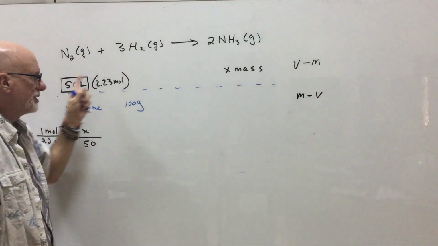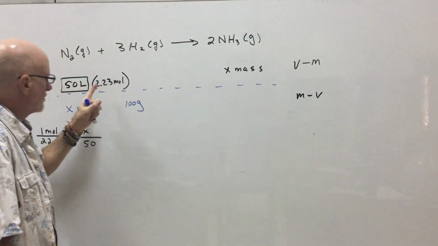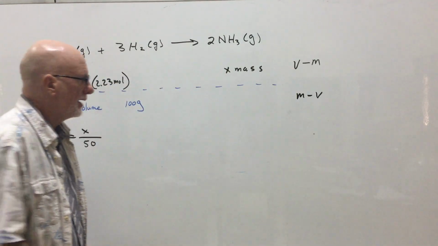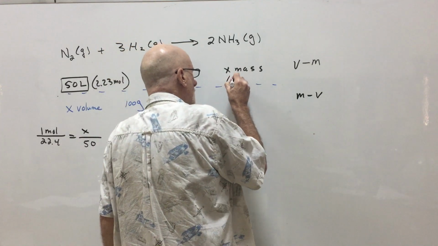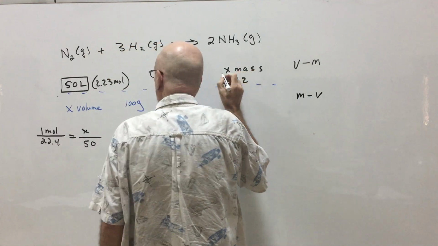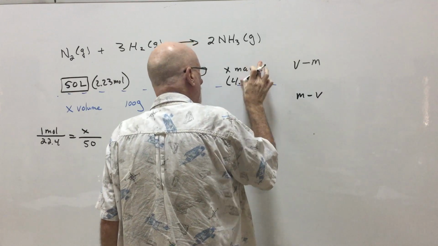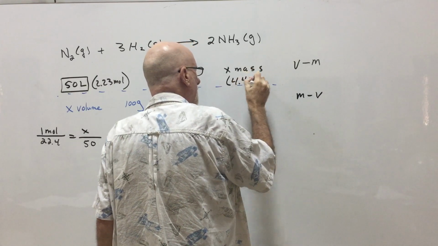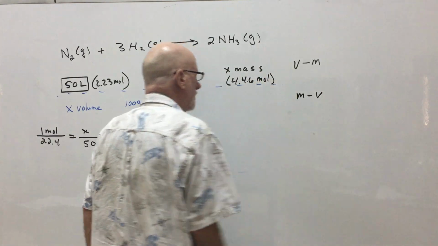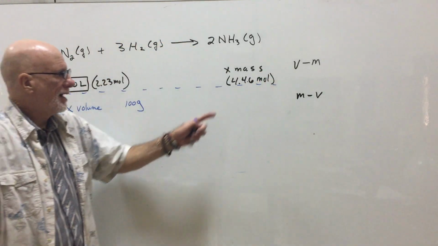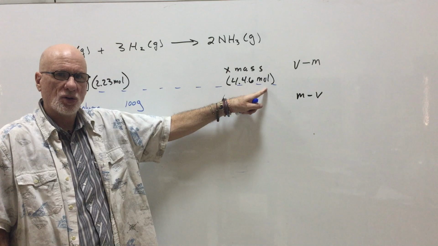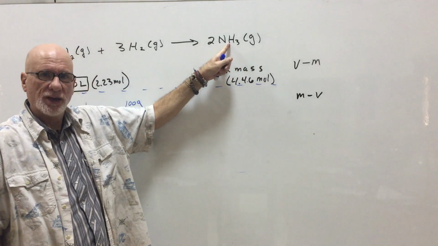So if this is 2, this is 4. If this is 2.23, this is 4.46, sorry. 4.46 moles. Right? So what's the mass of 4.46 moles of ammonia?